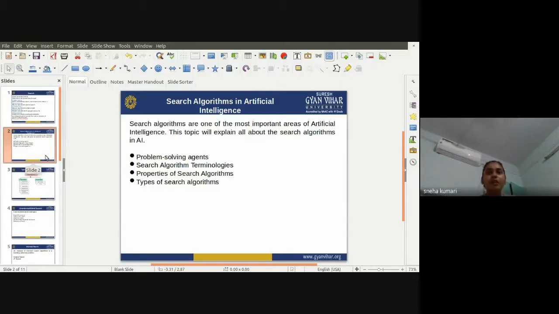First of all, you will find the best path for reaching Ajmer, so you have to apply some searching technique.